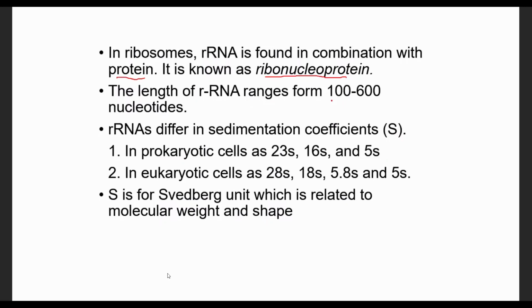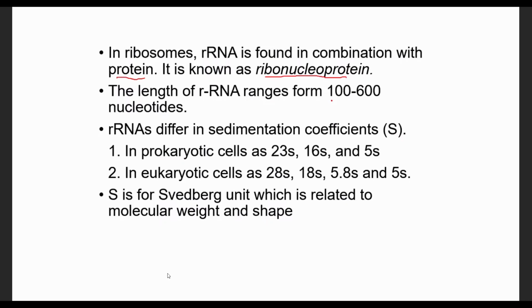Messenger RNA is the longest one, transfer RNA is the shortest one, and ribosomal RNA is found in between messenger RNA and transfer RNA. It has 100 to 600 nucleotide lengths. Ribosomal RNA differs in the cell by molecular weight and shape. We have different types of ribosomal RNA.